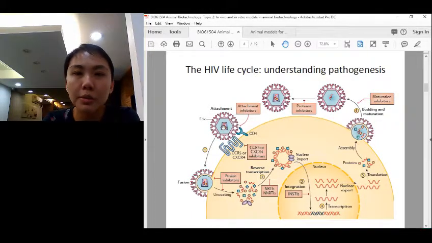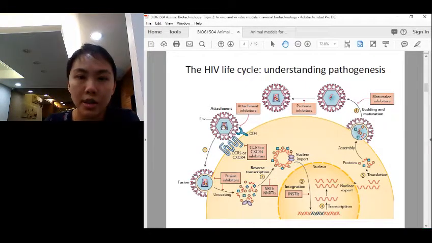So first of all, we will need to understand the pathogenesis of the HIV life cycle. We will first start off with how the viral particles attach to the cell. So HIV is a type of retrovirus, which contains RNA nucleic acid material, and they contain an envelope protein encapsulating the nucleic acid.